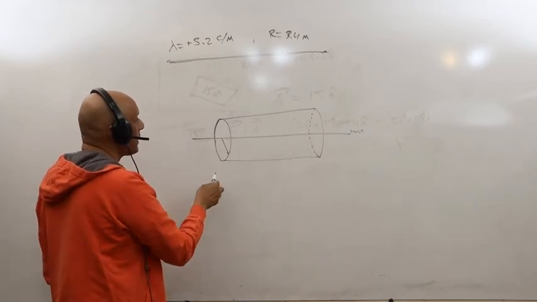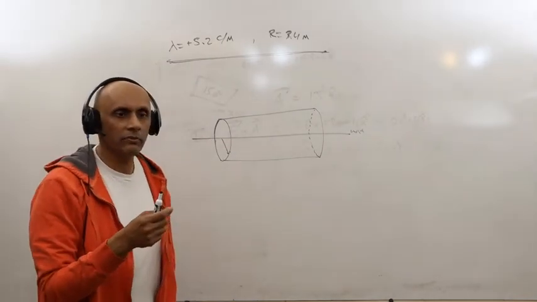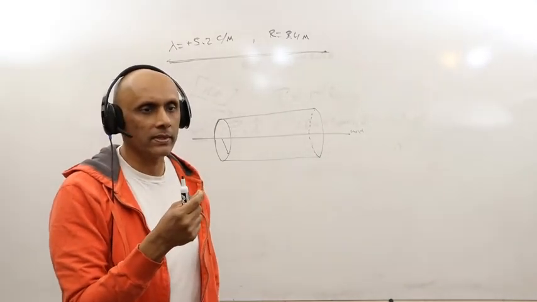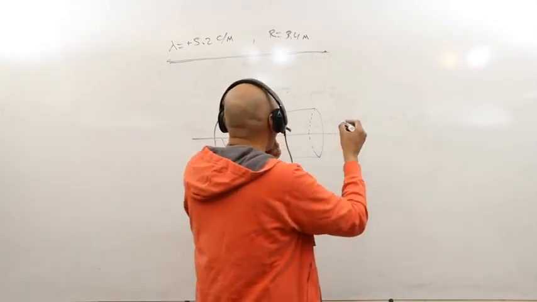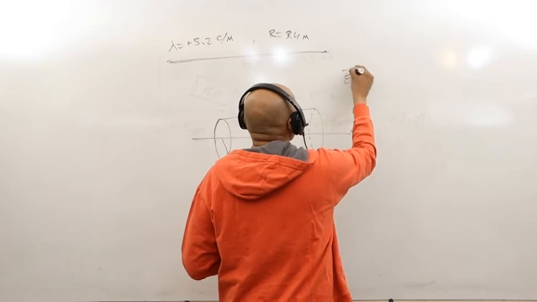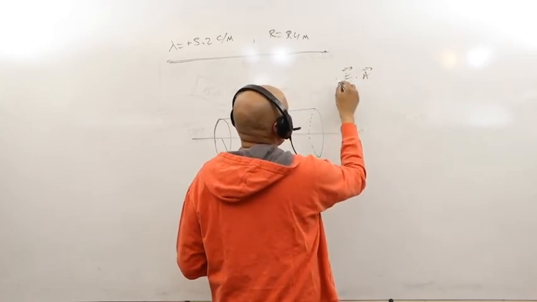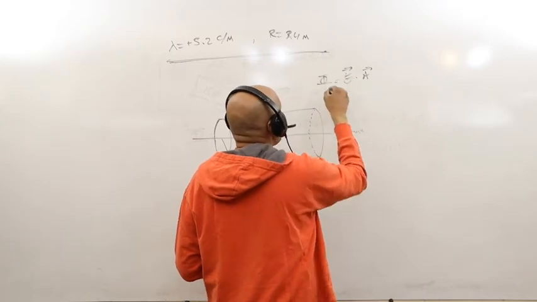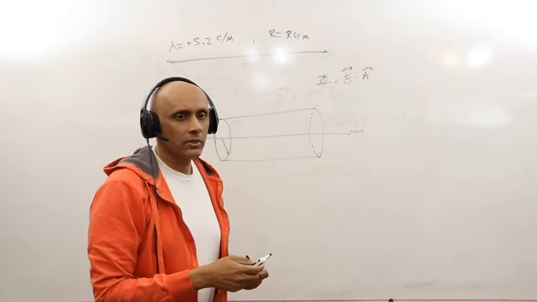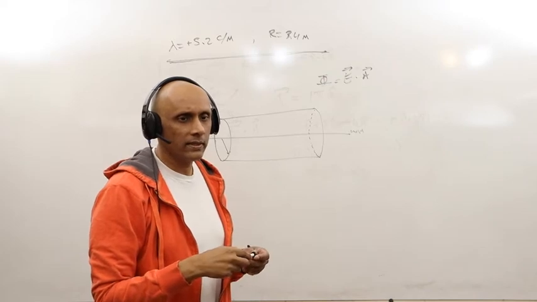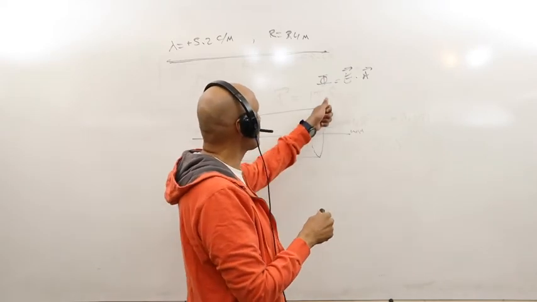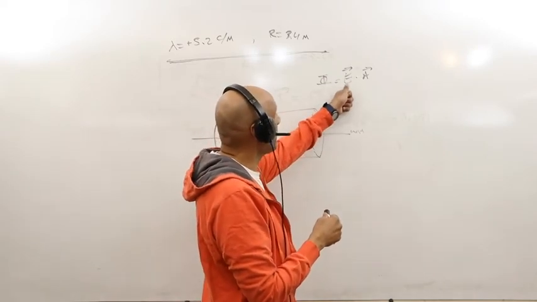Remember how we thought of the electric flux. Mathematically we can define electric flux in terms of E dot A, some uniform electric field and some vector area. But this is a mathematical definition. The correct way of thinking as a physicist is that it represents the number of field lines that penetrate that surface.